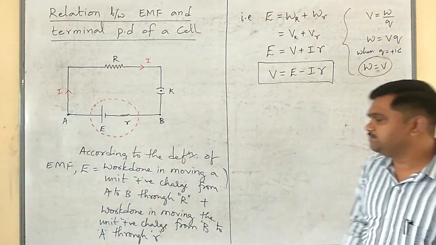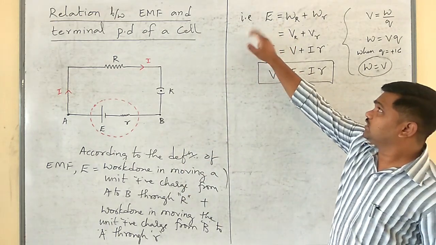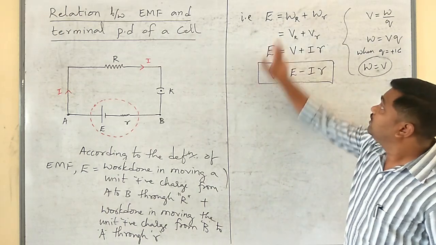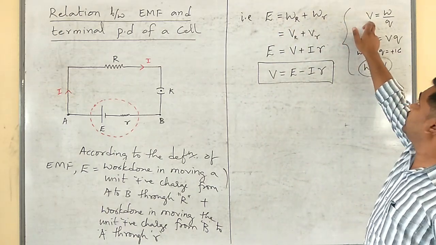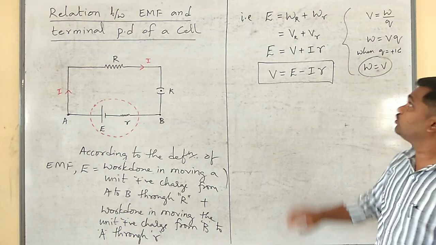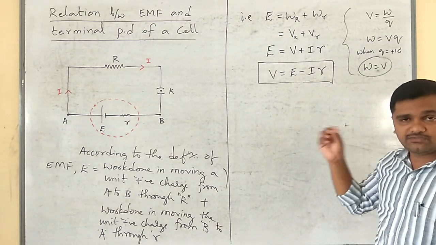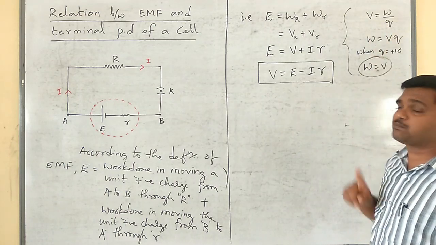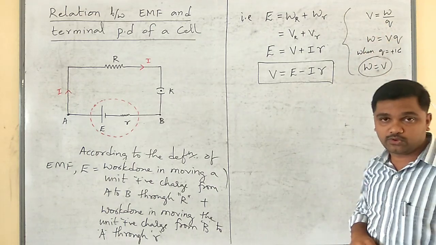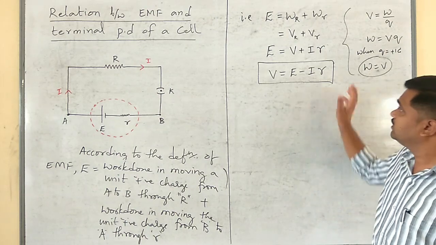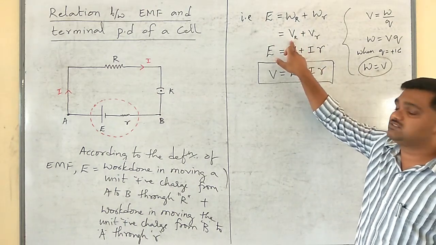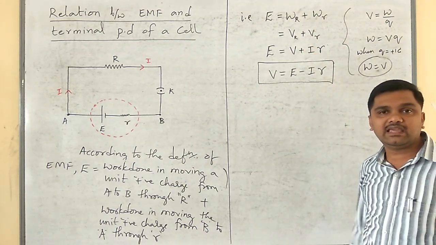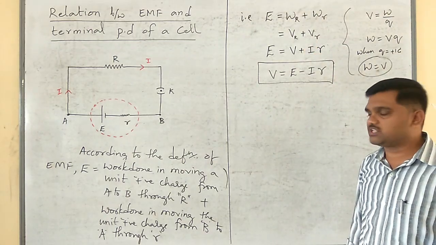In the form of an equation we can write E is equal to W_R plus W_r. According to the definition of electric potential, V is equal to W divided by Q. If the charge is a unit positive charge, then in place of Q we can put 1. Therefore V is equal to W, or W is equal to V. So in place of W_R, I have simply written V, and in place of W_r, V_r, and hence I into r according to Ohm's law.